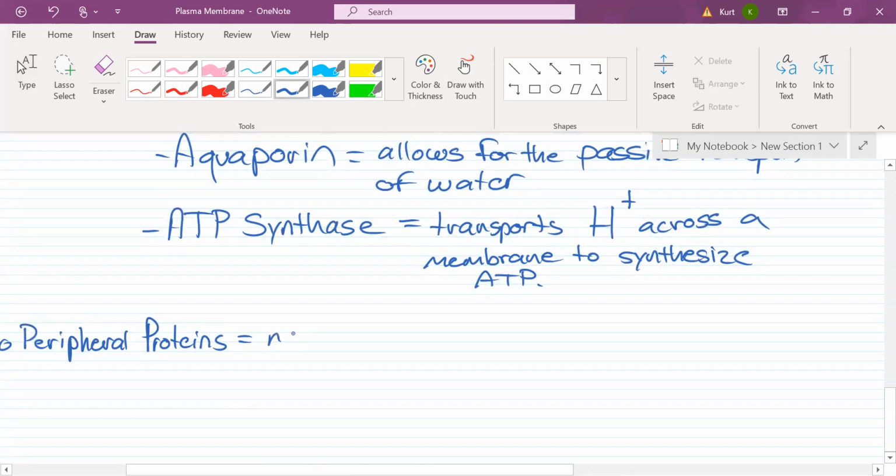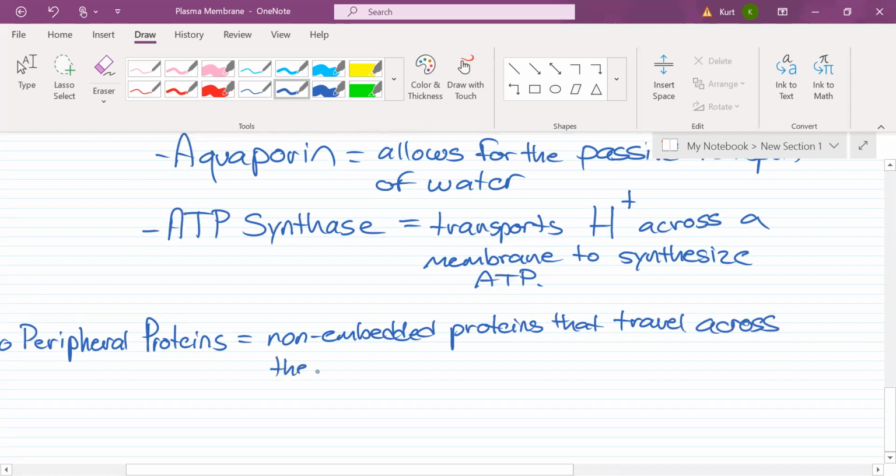So these are non-embedded proteins that travel across the membrane.